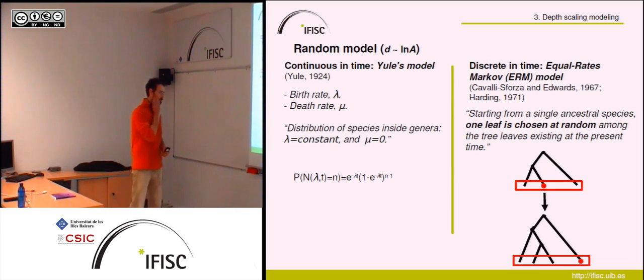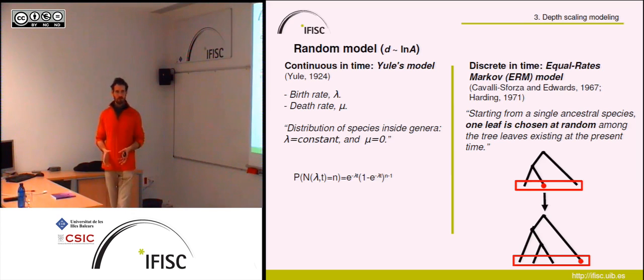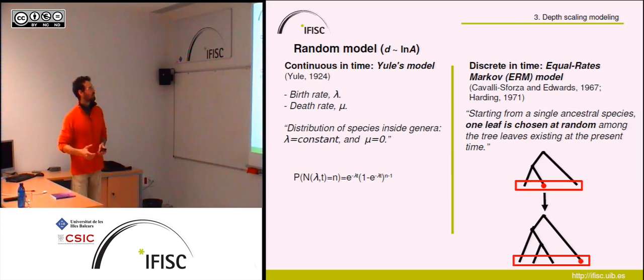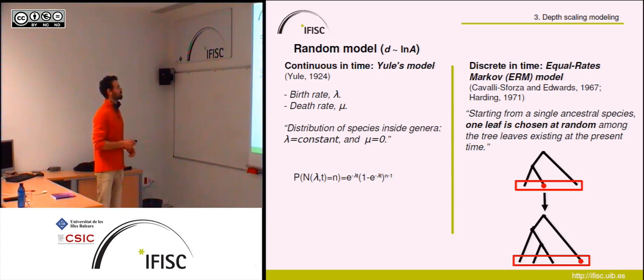The use of models for the characterization of the branching of phylogenetic trees has a long history. The first model was proposed by Yule in 1924, the classical random model, and it is based on birth and death processes, which consider a birth rate and a death rate.